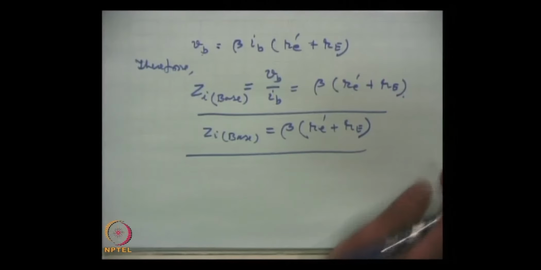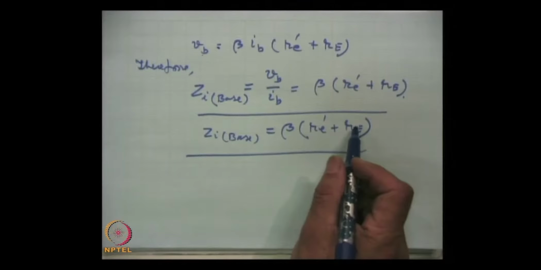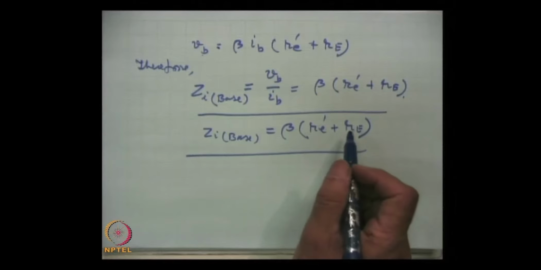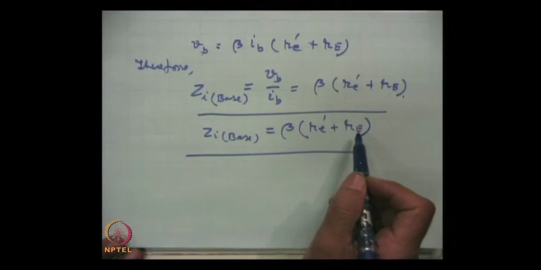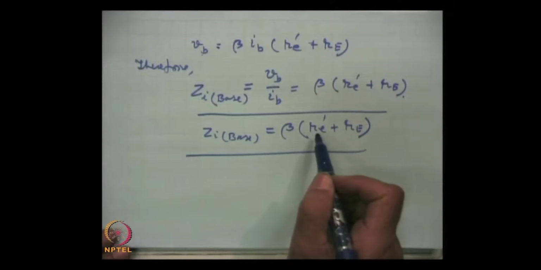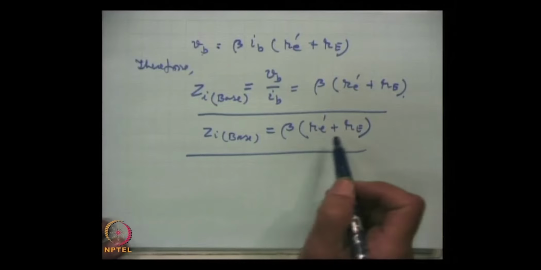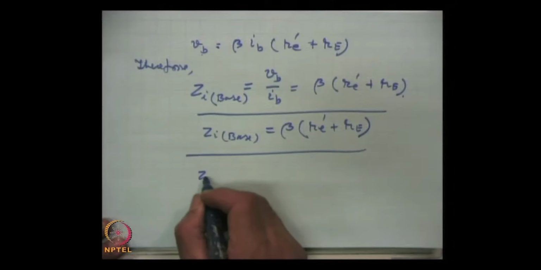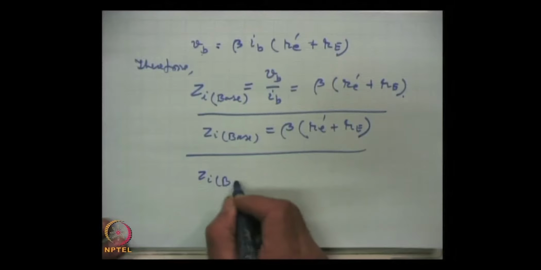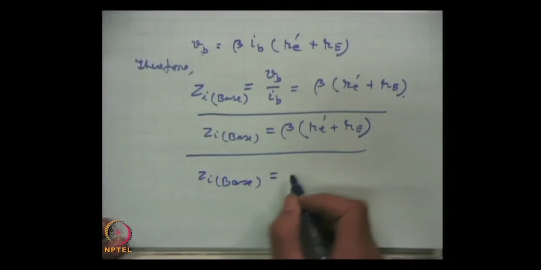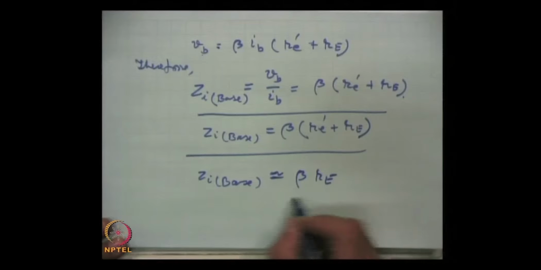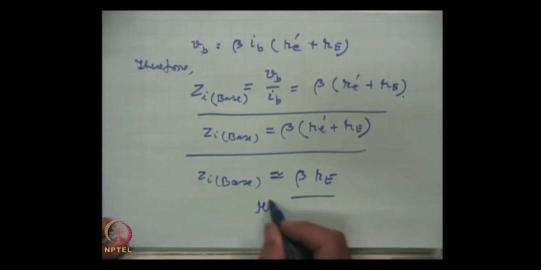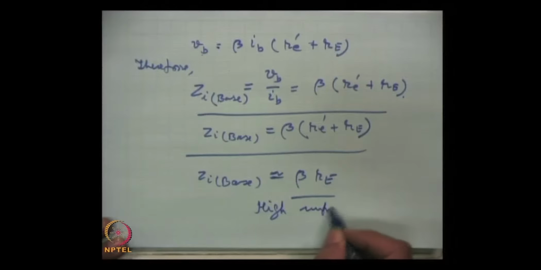When we swamp the ammeter, then R E has a finite value, say 800 ohms or 1 kilo, and R E prime is very small and can be neglected. In that case, Z I base will be very close to beta R E, a very high impedance.